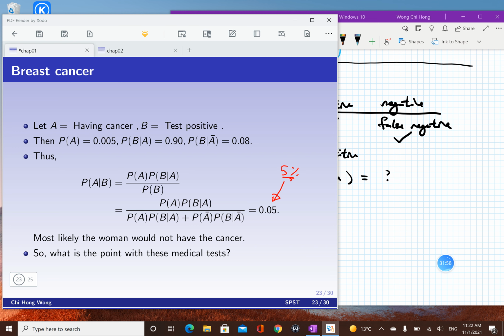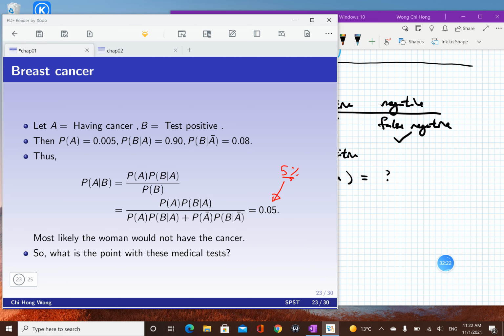But then, as an ordinary person, you would question, what's the point of these medical tests after all? Are they just some kind of scientific ripoff, people trying to get research funding from the government? They develop all these things just to fool people.